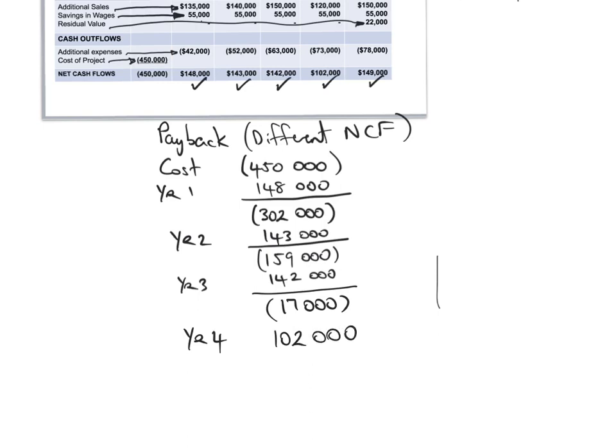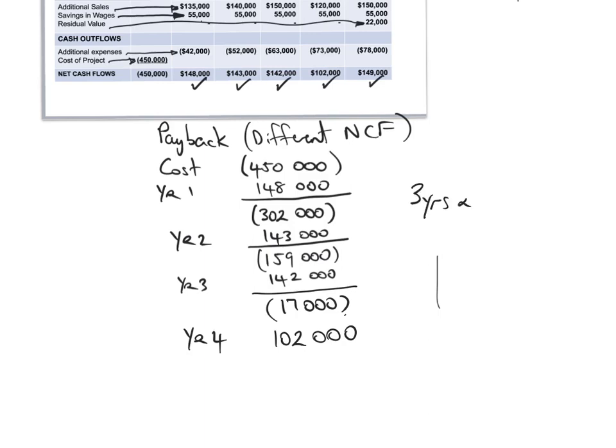Okay, so because the payback period is between year three and year four, we now need to see how long it's going to take to recover that $17,000 in year four. So we know the payback period is definitely 3 years and something.